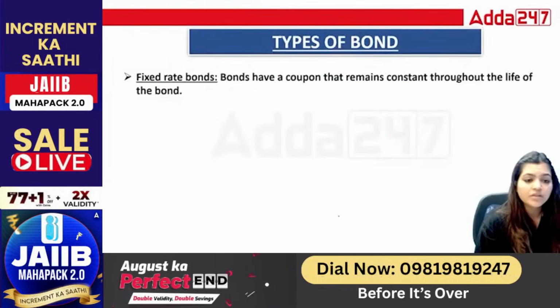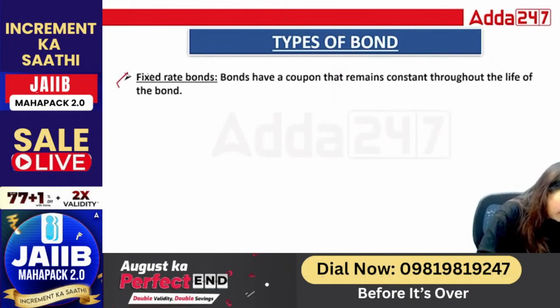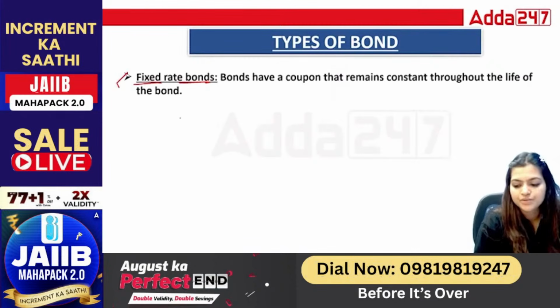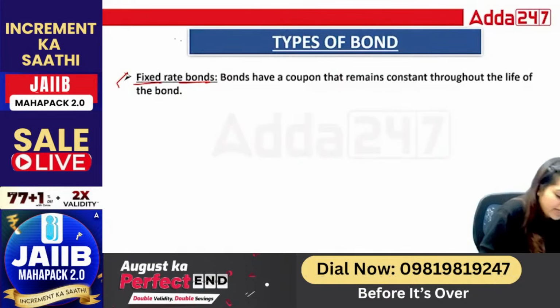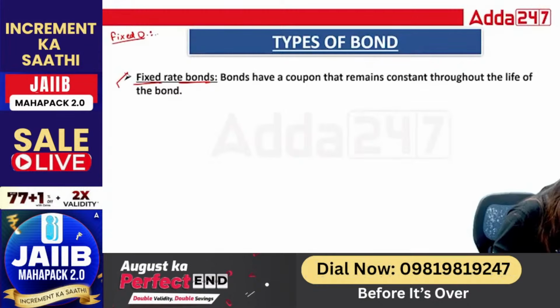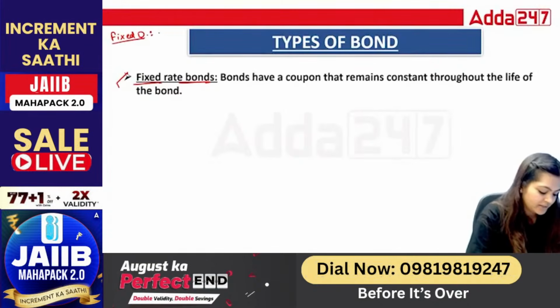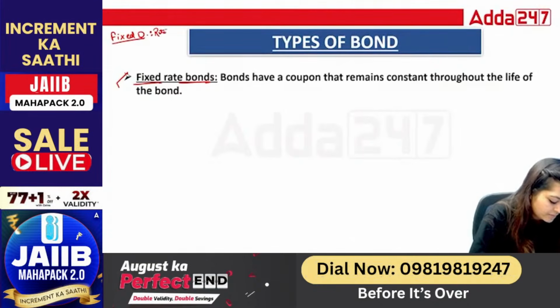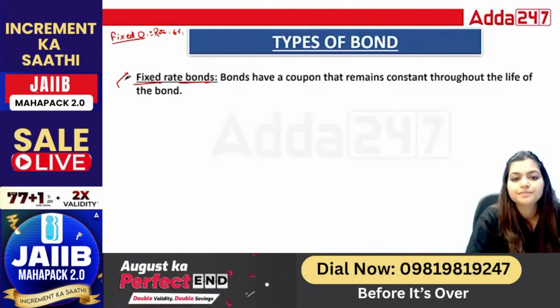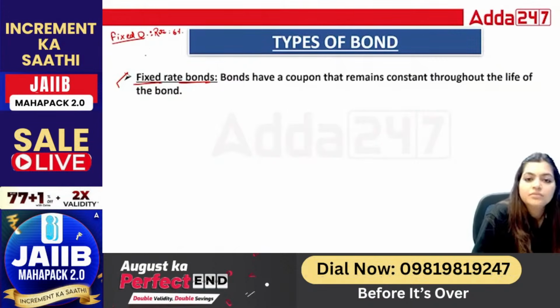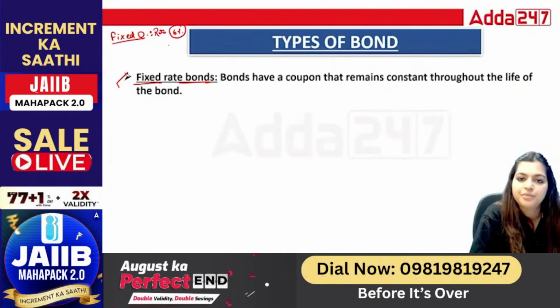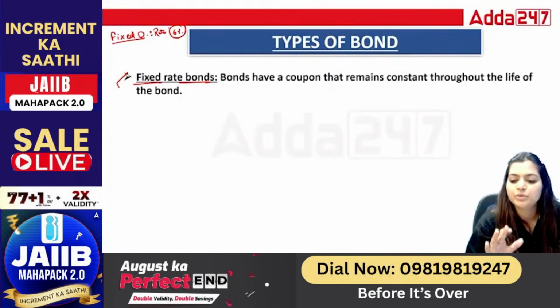Now, there are different types of bonds. So let's start with the first one, that is fixed rate bonds. Like we have fixed deposit, FD. If the bank is saying FD rate is 6%, it means whatever amount individuals are investing, they will receive only 6% per annum. There is no change in this rate. Things are going to be fixed.